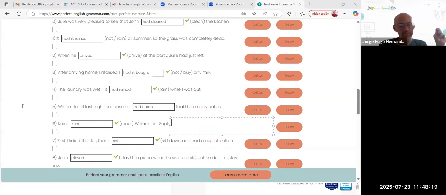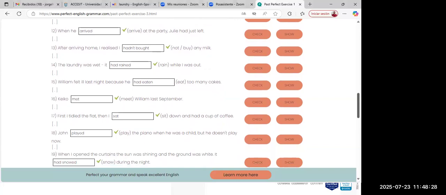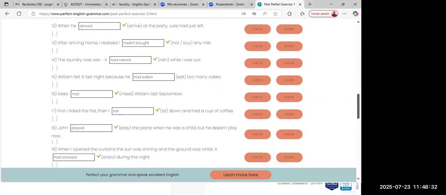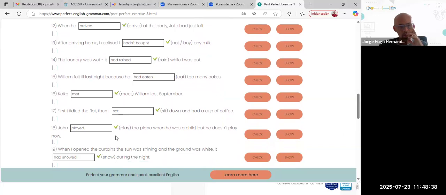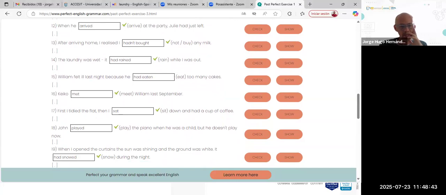Number 19, Paula. When I opened the curtains, the sun was shining and the ground was white. It had snowed during the night. Okay. When I opened the curtains, the sun was shining and the ground was white.